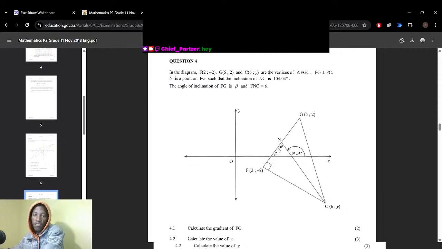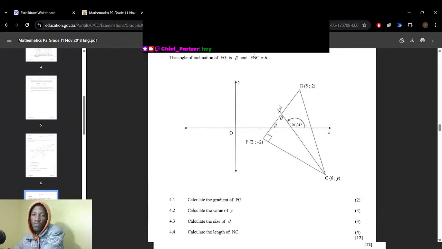So we may make use of this angle to calculate the gradient of NC. Or there's another way, where you are given 2 points that are found on the line, and then you use those 2 points to calculate the gradient.